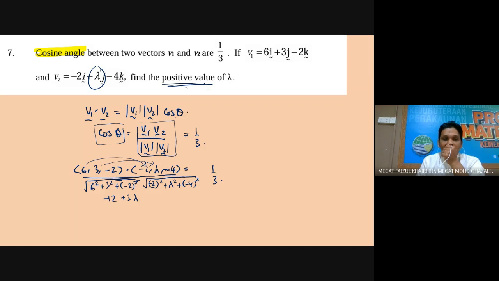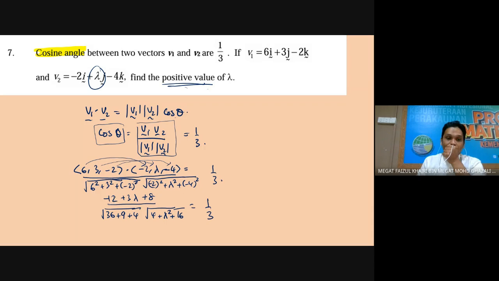Negative 2 times negative 4, positive 8. Divided by square root of 6 squared, 36, 3 squared, 9, negative 2 squared, 4, and negative 2 squared, 4, plus lambda squared plus negative 4 squared, 16, equals 1 third.